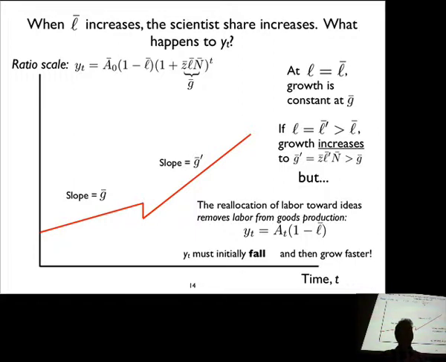Would it change the growth rate and the slope? If A bar 0 were larger and nothing else were changing, it would not change the slope and the growth rate because A bar 0 is not in this piece, which is the growth rate. The growth is determined by basically the number of scientists that you've got.